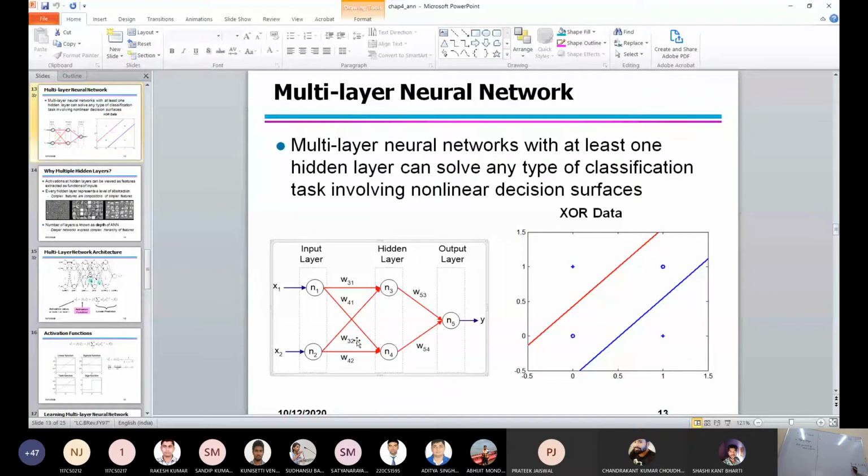It is for node N3, so W3 will come, and from N1, so this will be 31. The other one is 3, and the node is coming from 2, so 32, if I am right? Similarly for node N4, it comes from node N1 plus node N2, and the weights will be 41 and 42.